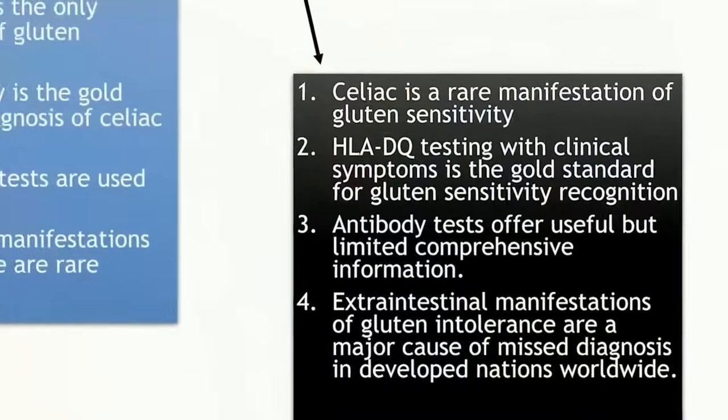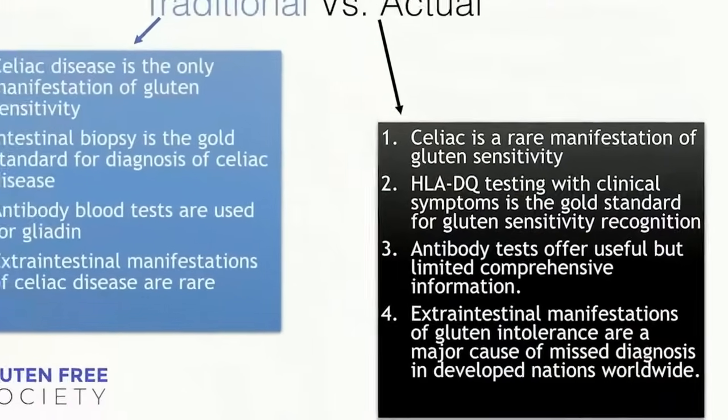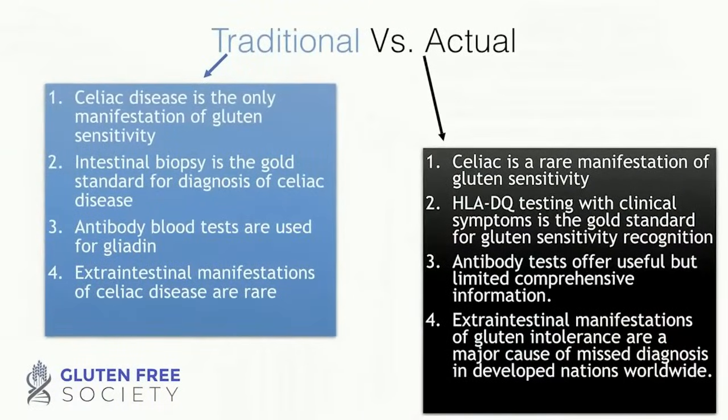We know that in medicine, the intestinal biopsy is the gold standard for diagnosing celiac disease. We also know that antibody blood tests are used to detect a protein called gliadin, and in the traditional sense, most doctors don't believe that symptoms outside of your intestine matter.